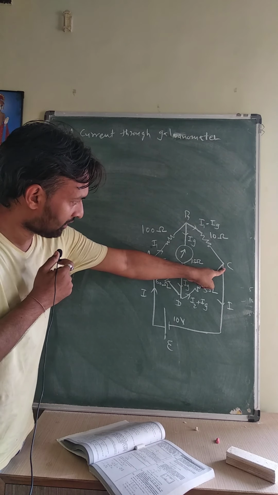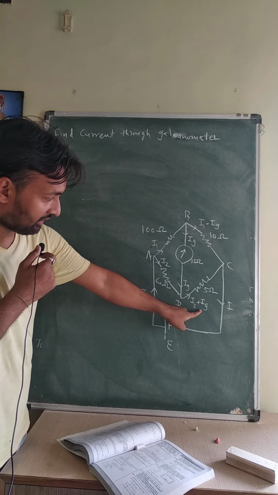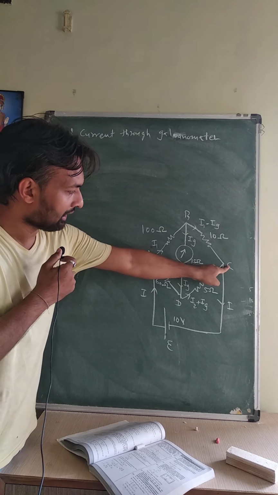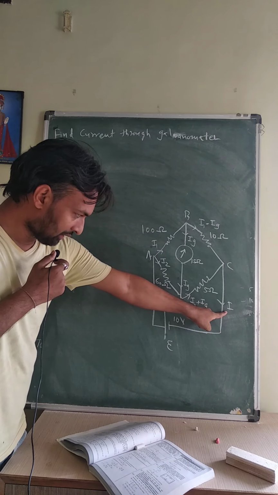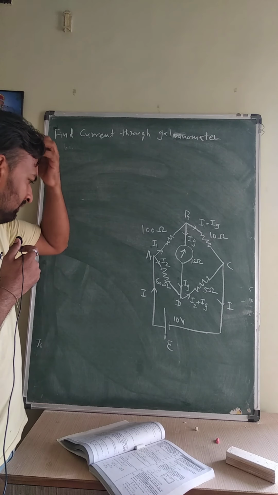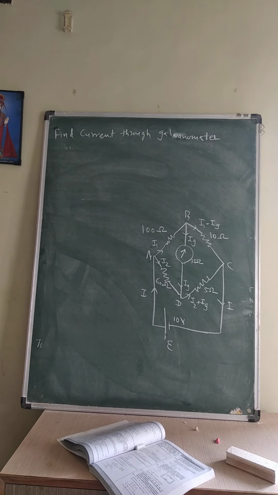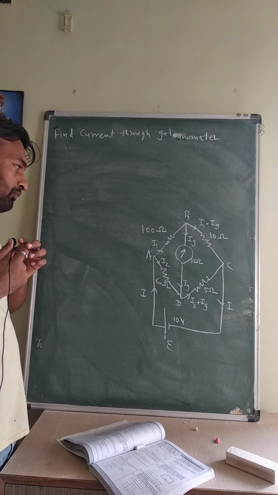Finally at point C, we have I1 minus Ig plus I2 plus Ig, which is equal to I1 plus I2, and that is equal to I. That current I passes from point C and goes back to the battery. In such numericals we have to consider Kirchhoff's loop rule.